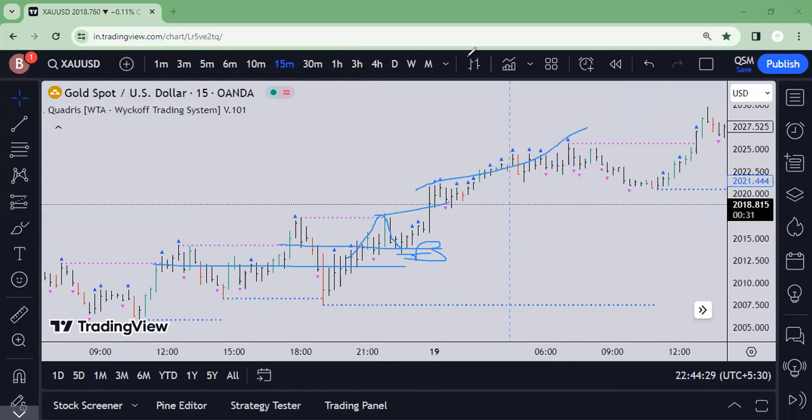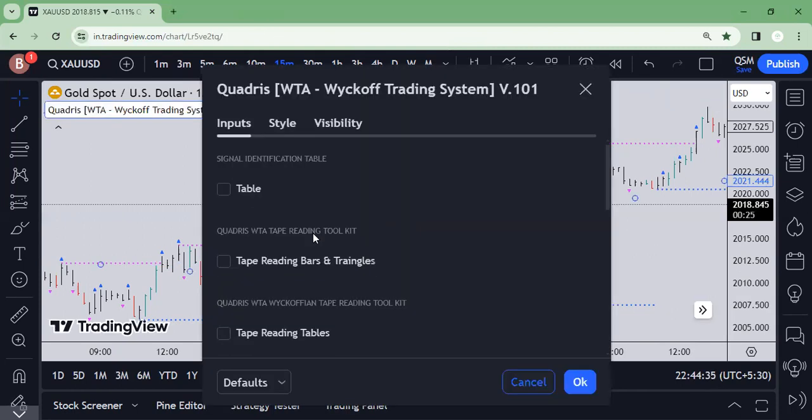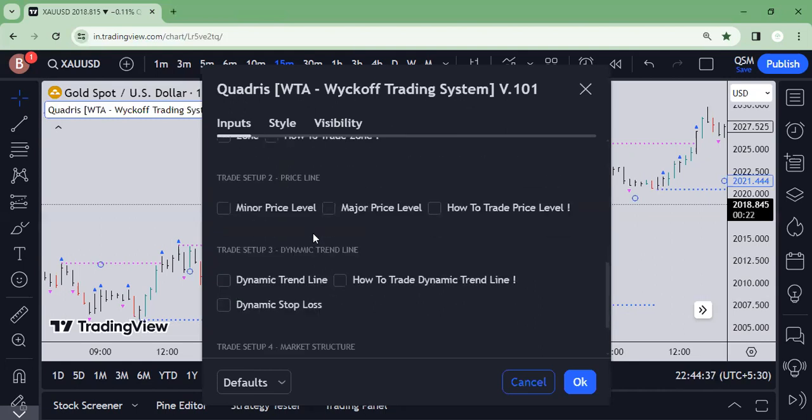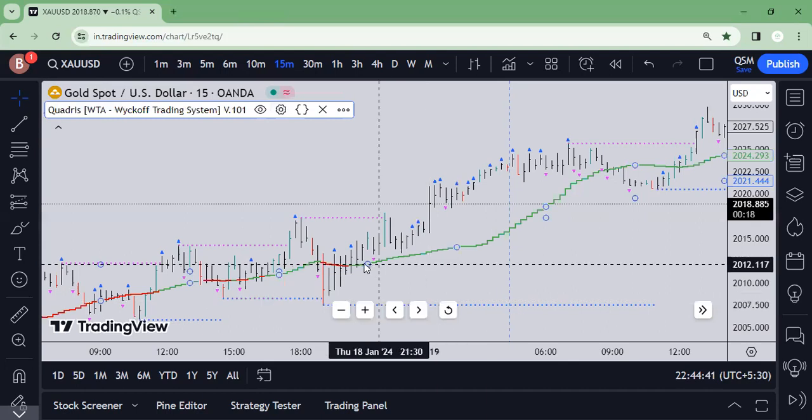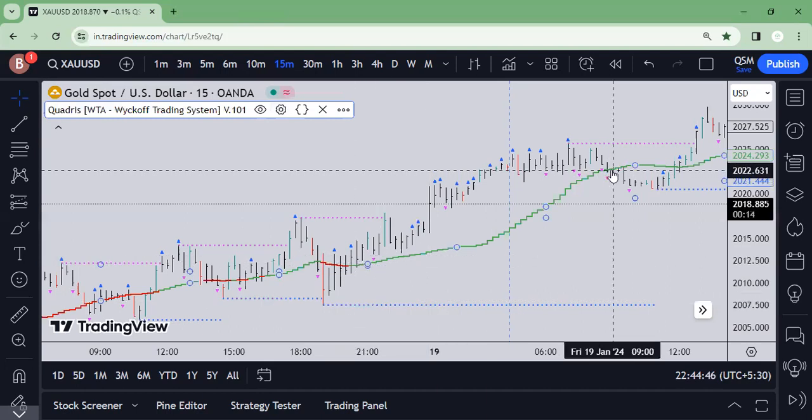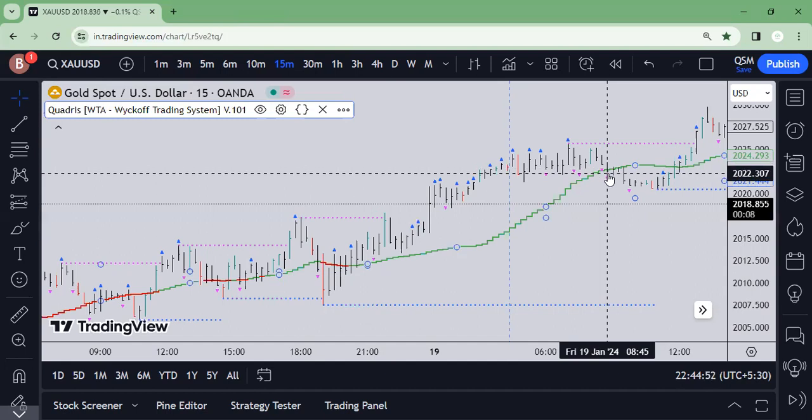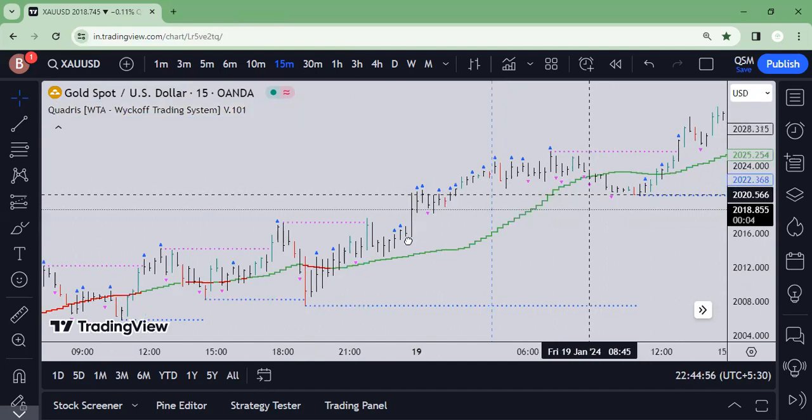follow the trailing stop loss, like for example, I'll put the trailing stop loss over here. Dynamic stop loss. Here I have initiated the trade. This was a level where I would have exited because price is piercing through the stop loss line.